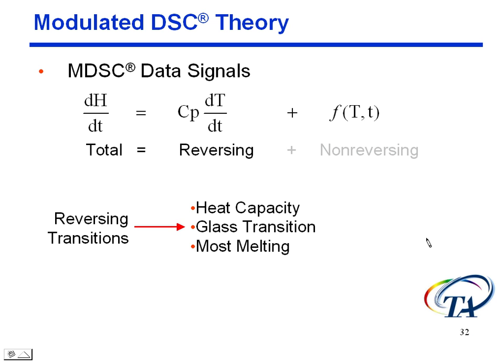Now, the glass transition is also going to show up there, because the glass transition is a step change in the heat capacity. It shows up in the reversing transition. And most of melting shows up in the reversing transition. Sometimes you will see melting that is in the non-reversing transition. But we will go through this in a little bit here.